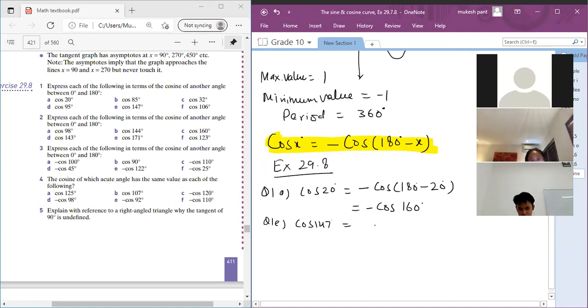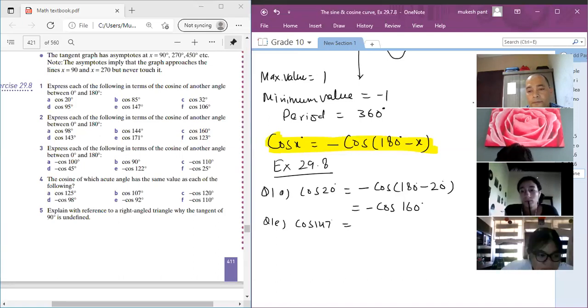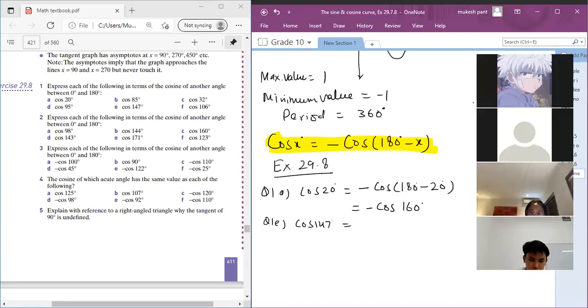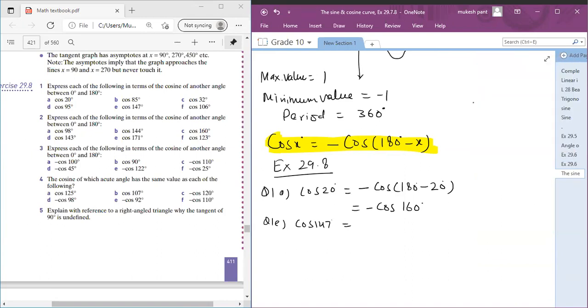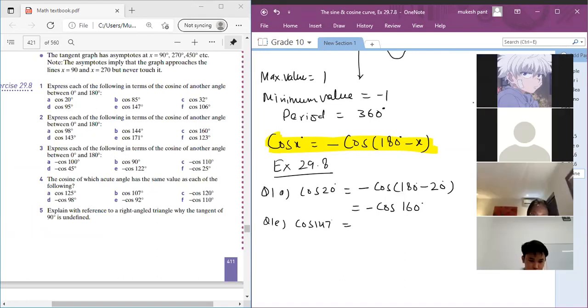Is the first one 0.99? Khalila, how much are you getting for cos 147? I got minus 0.838. Eric, how much are you getting?